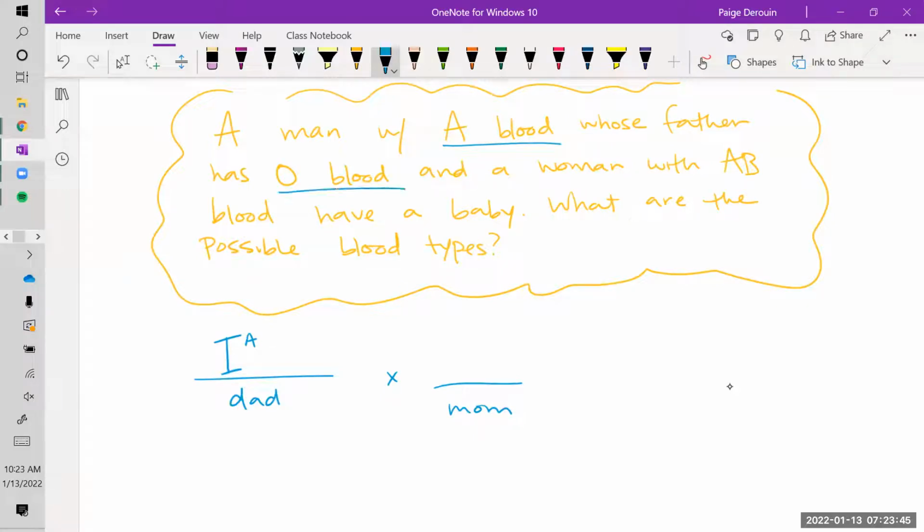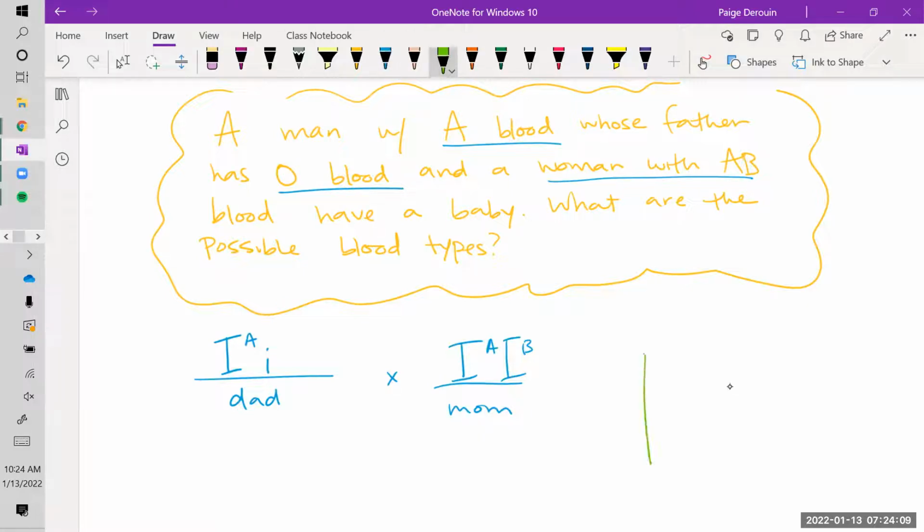And his father had O blood. This is kind of like a check-in. What would be the other letter? Yeah, little i. You don't have to write O with a little i because it's not capital, it's the only little i. And the woman has AB blood. So she's I capital A, I capital B.